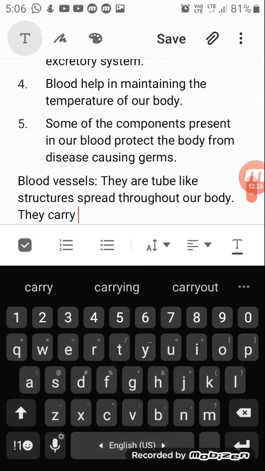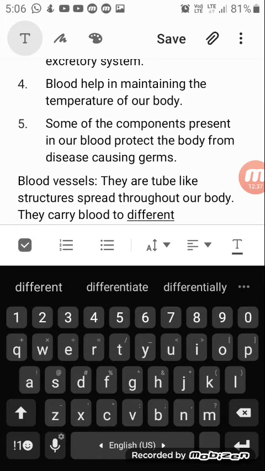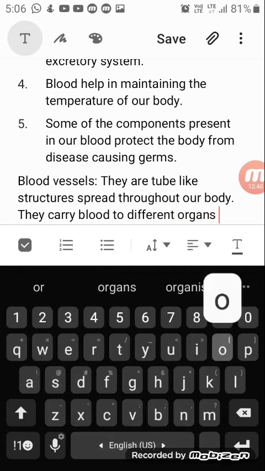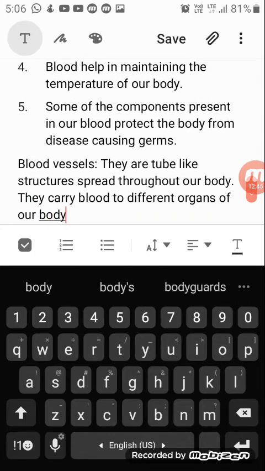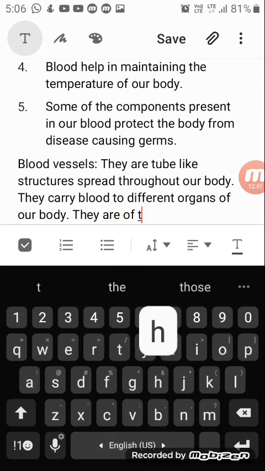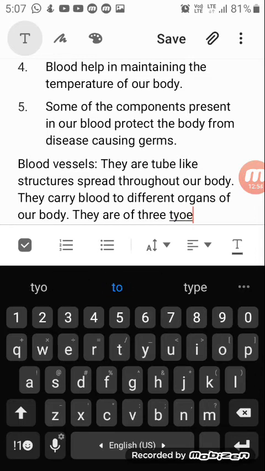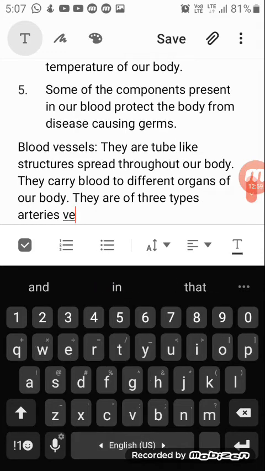They carry blood to different organs of our body. They are of 3 types: arteries, veins, and capillaries.